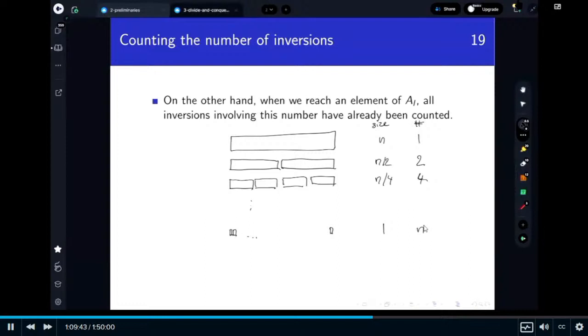So what's the computation time that we need at each level? Let's look at this level, for example. When handling this instance at this level, the amount of computation that we need is basically merging these two arrays, and in this case also keeping track of the number of inversions.